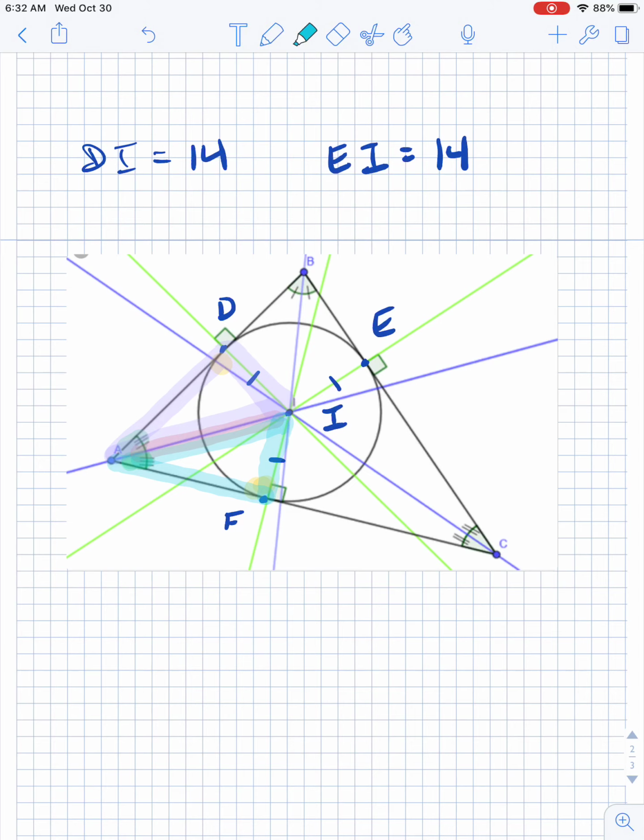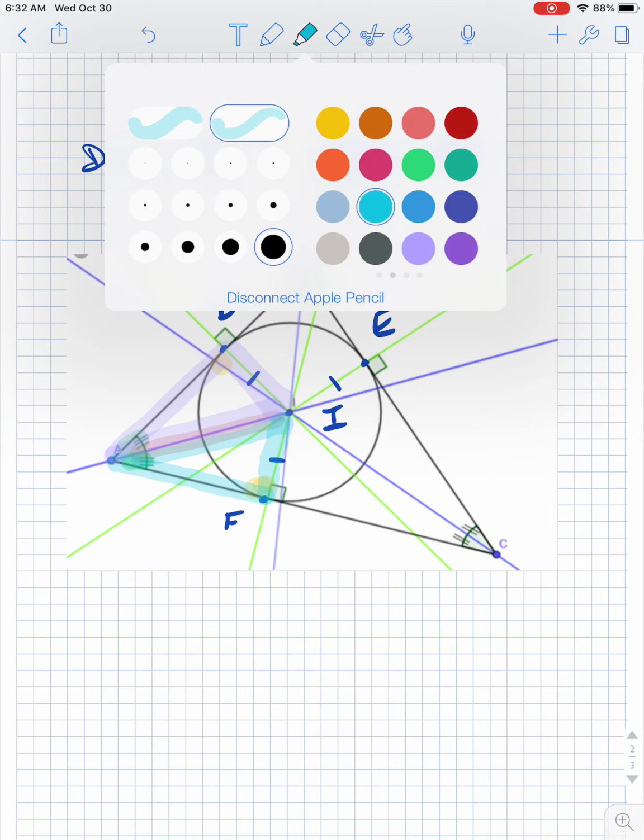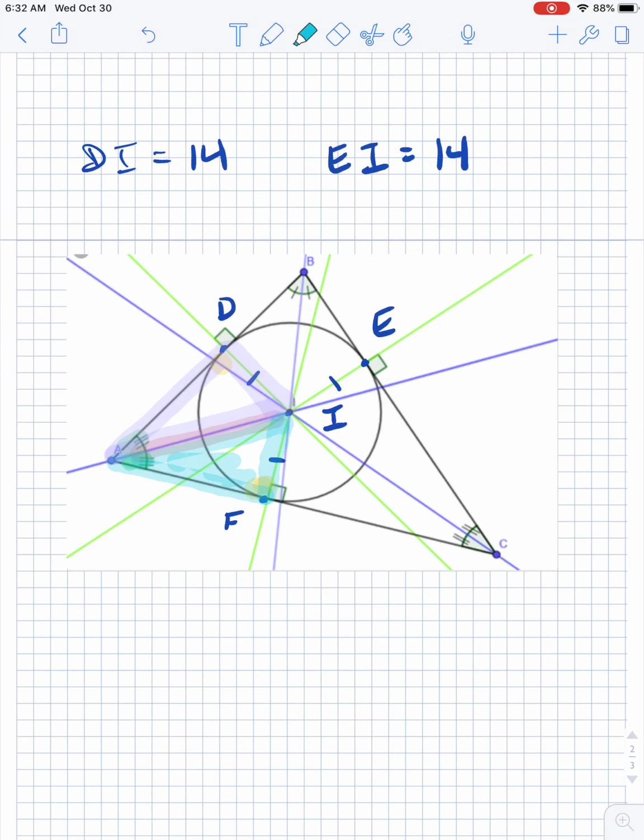And because they share two angles that are the same and a side, these two triangles are congruent to each other. Okay, so the blue triangle, which let me color the rest of it in, and the purple triangle, those two triangles are congruent to each other.